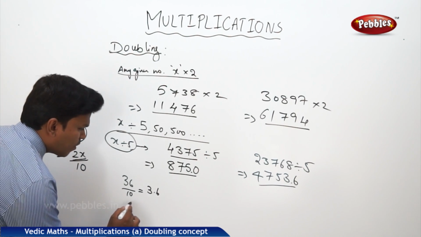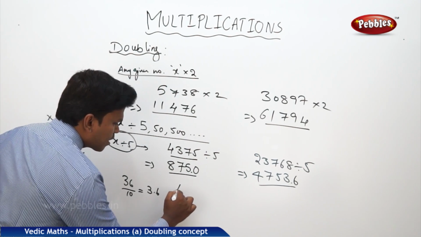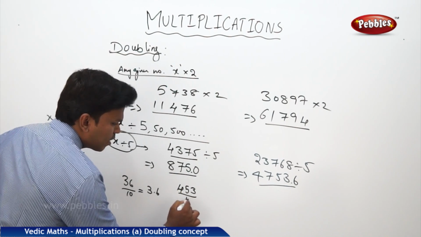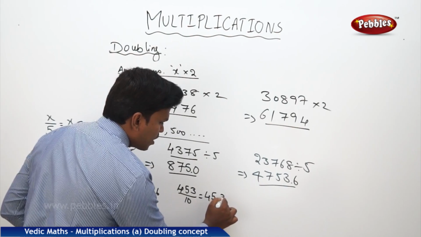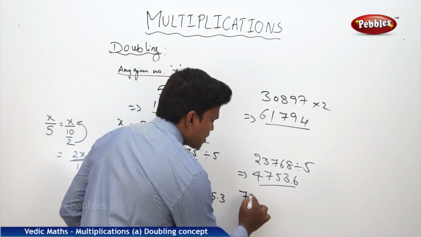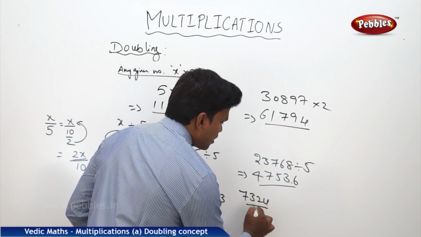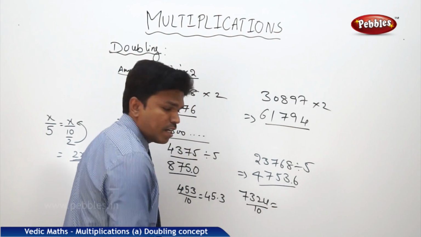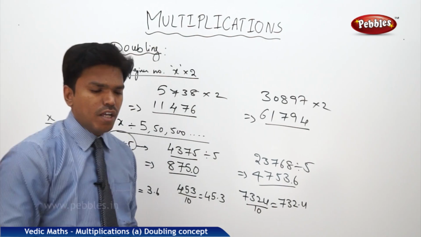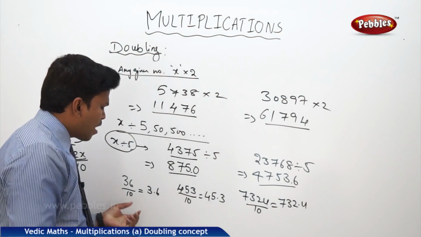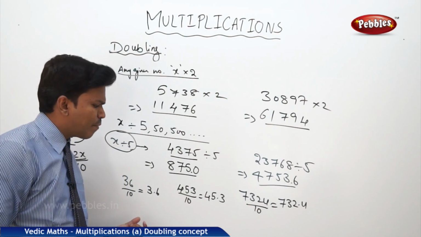Yes. Let us take 453 divided by 10. What will be my answer? Yes, exactly 45.3. Suppose you take 7324 divided by 10, what will be your answer? It will be 732.4. Yes or no? If you observe in every division, when I am dividing by 10, what is happening?